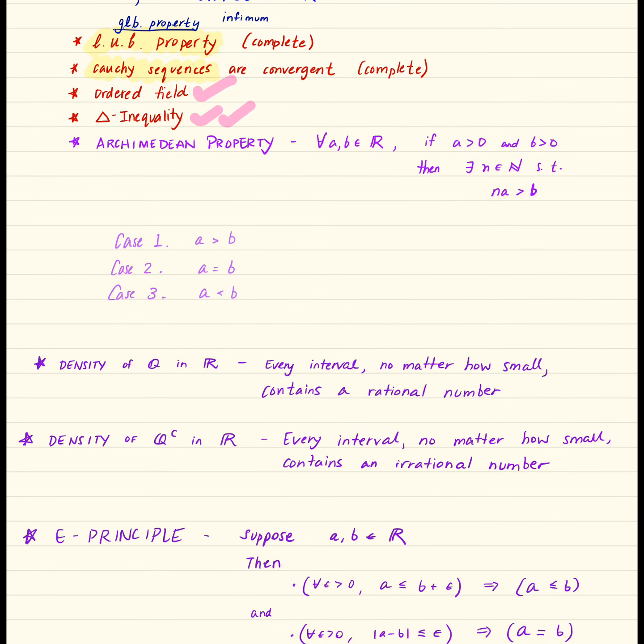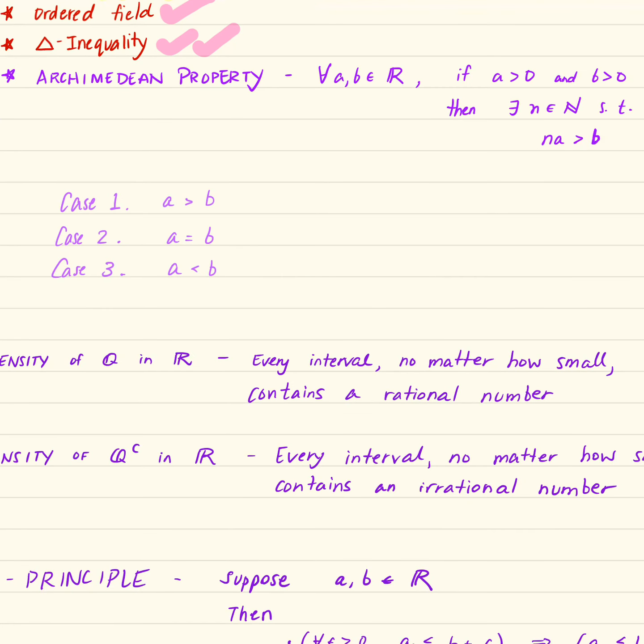Now let's look at this practically speaking. What does this mean for us? Let's consider the case where a is strictly bigger than b. I'm going to draw a little line segment here. So here's 0.